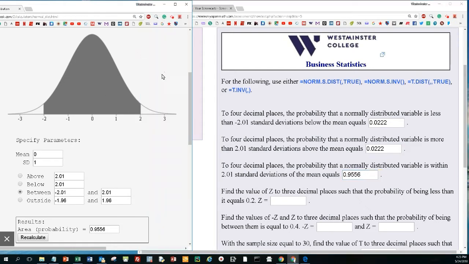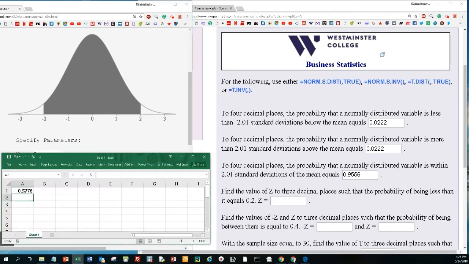So visually, what are we doing here? Well, if I know this area, I can add it to that area and then subtract that sum from 1. And that's what I'm going to do in Excel. So I'm going to go over here to Excel. I'll change this back to negative 2.01. And that is that area. It is also that area. So I'll times it by 2.